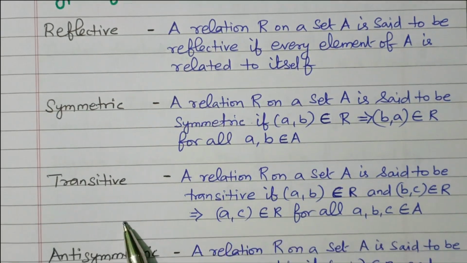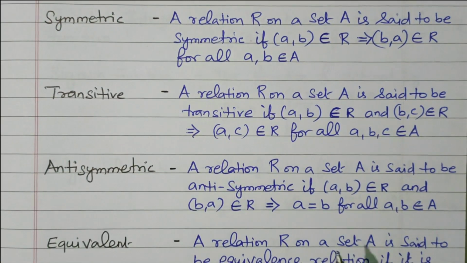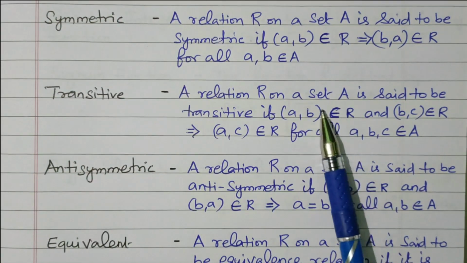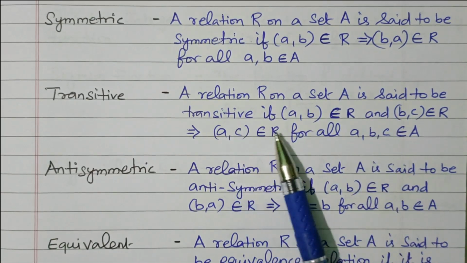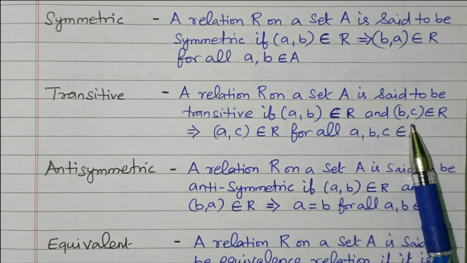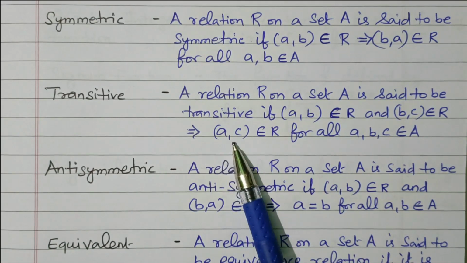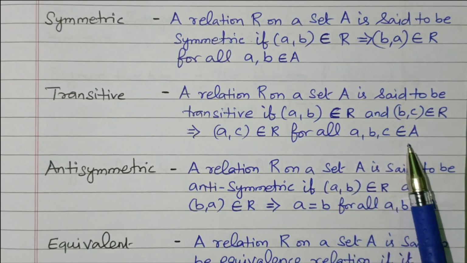Then transitive. A relation R on a set A is said to be transitive if (A, B) belongs to R and (B, C) belongs to R implies (A, C) belongs to R for all A, B, C in A, right?